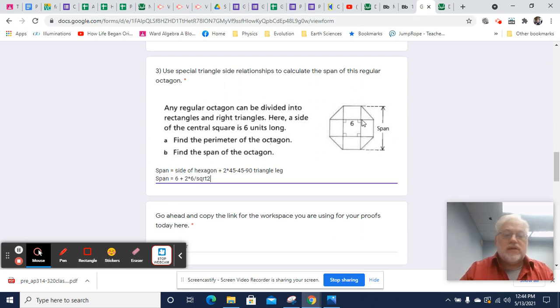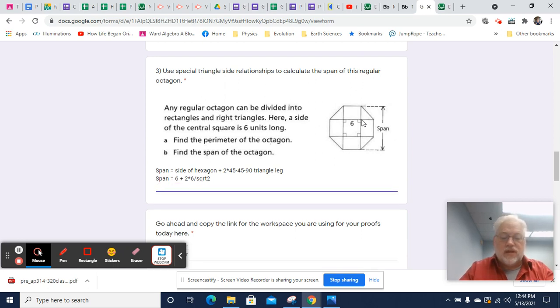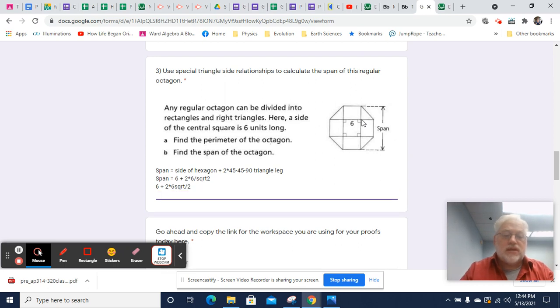And we can simplify that further. So it'll be 6 plus 2 times 6 square root of 2 over 2. And the 2's are going to cancel out. So it's going to be 6 plus 6 square root of 2 units, whatever those units are. And I think that's it. This is a good place to stop.